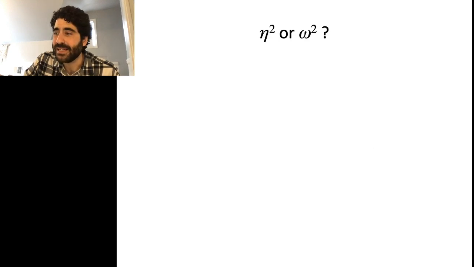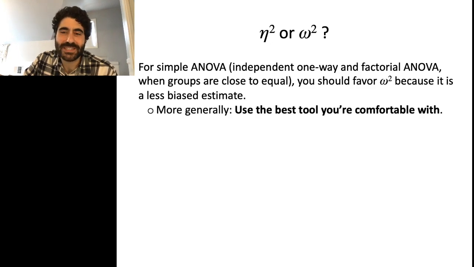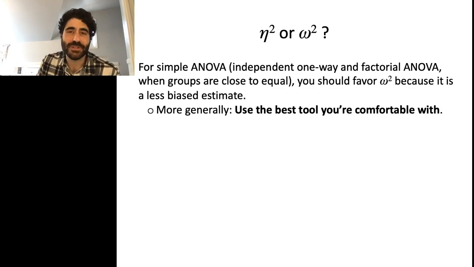Okay, so having said all of that, what should you actually do in practice? This might depend a lot on the situation, but in general, if you're using a simple ANOVA where groups are equal or close to equal, then this omega squared is not that hard to calculate and it's less biased, and so it's probably a better choice. The more general advice here is, as long as you're in a situation where using some tool is comfortable, you should use the best tool that you can.